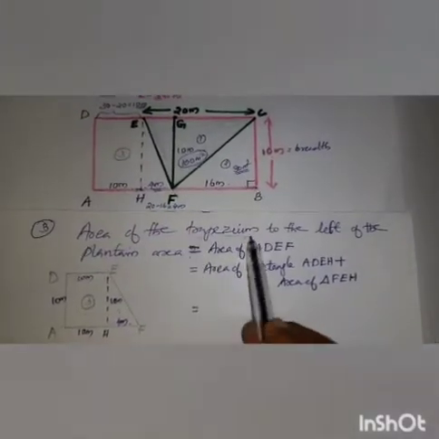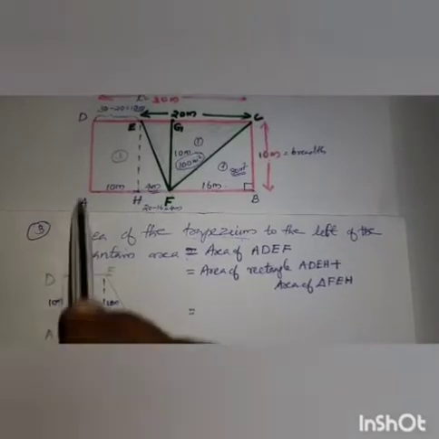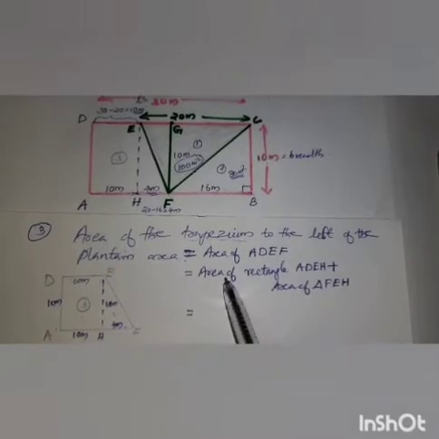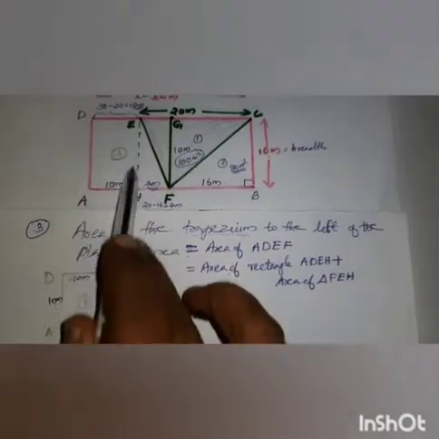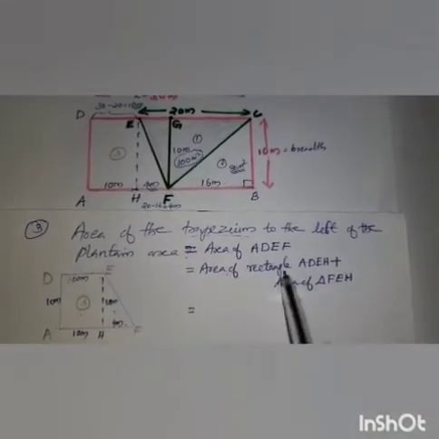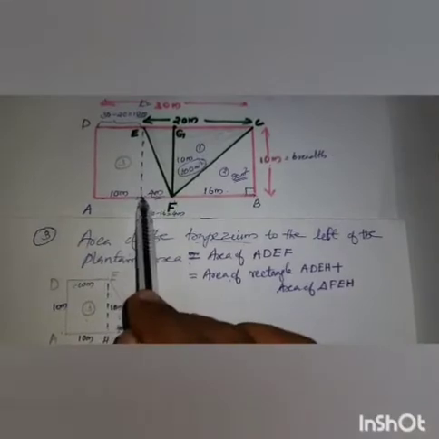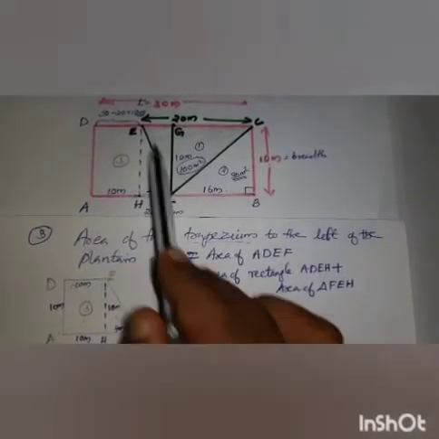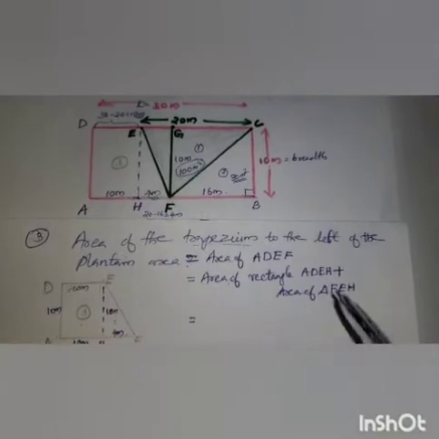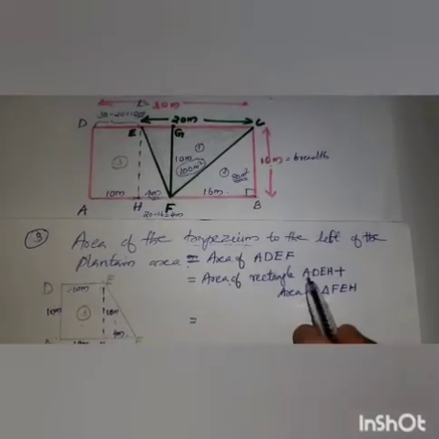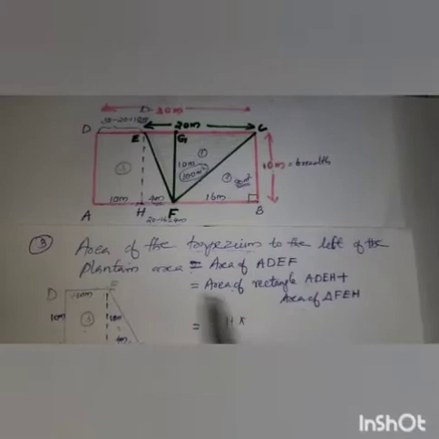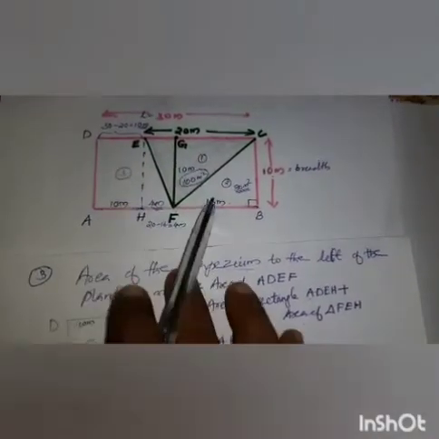So to find out the area of trapezium ADEF, what we have to do? We have to add the area of the rectangle plus area of triangle. So area of rectangle ADEH plus area of triangle FEH. These two together we have to add it. So what is the area of rectangle ADEH? That is AH into AD.